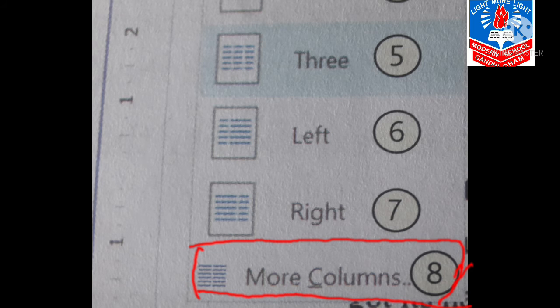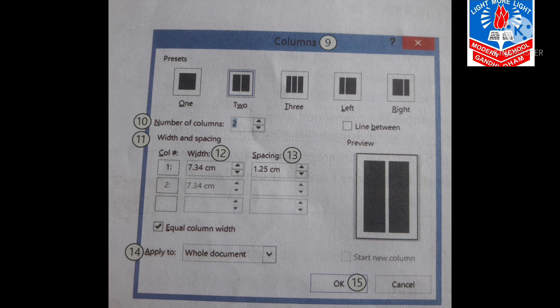Third, if you want to customize the column or insert more columns than given in the menu, select the option More Columns. Fourth, the Columns dialog box displays on the screen. Specify the number of columns, width and spacing in the width and spacing section.